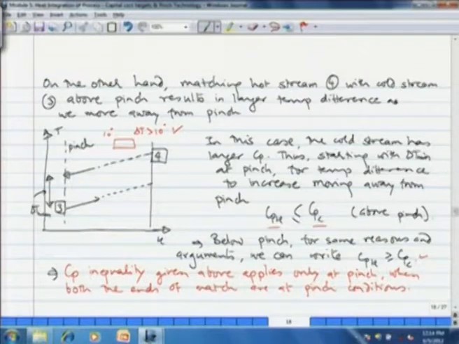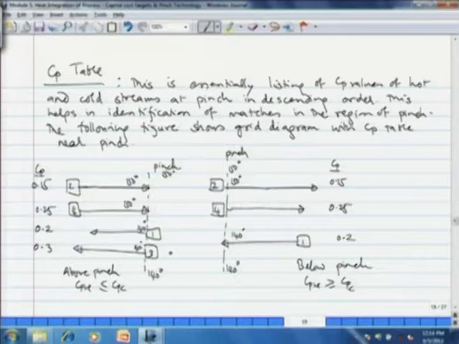As we go away from the pinch, the temperature difference increases, and in that case we need not obey this particular constraint. So, the Cp inequality applies only when both ends of the match are at pinch conditions. As we go away from the pinch, that constraint is relaxed.